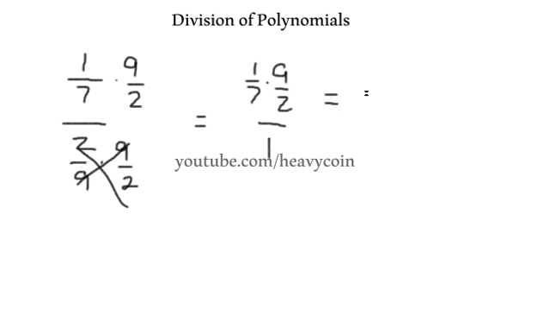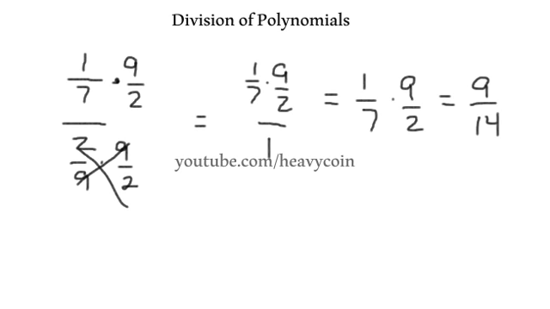There's nothing that goes into 9 and 7, so we can't simplify that down anymore. So this becomes 9/14. The whole idea is we want to turn this division problem into a multiplication problem.